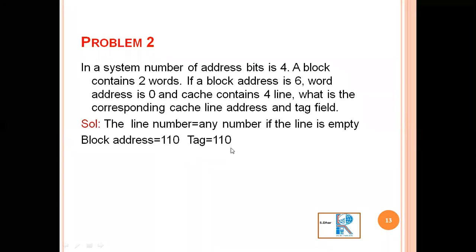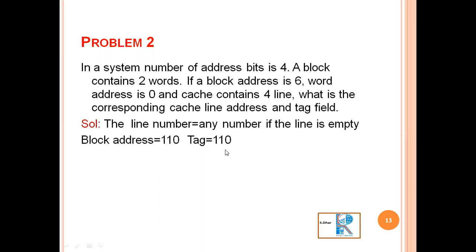Clear? Again I am repeating. In the previous case, 10 was the cache memory line number because the processor was using direct mapped cache memory. Here there is a fully associative cache memory. There is no address generation of the cache from the physical memory. So the whole block address will be stored as a tag.